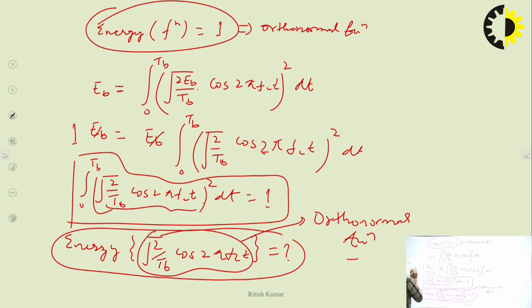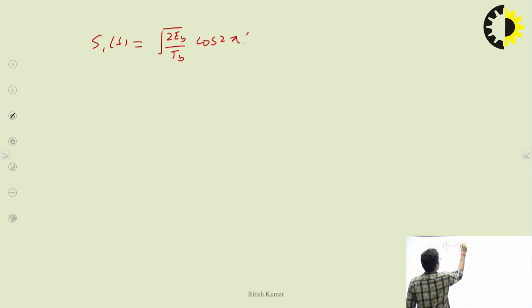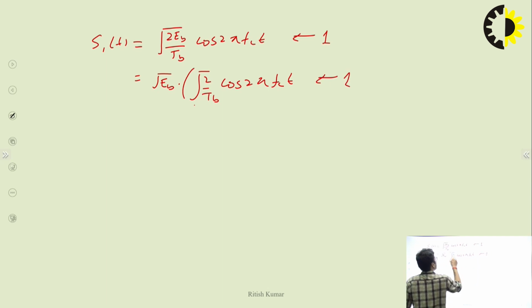Now in the constellation diagram, as we know, S1(t) is equal to under root Eb times under root 2 upon Tb cos 2 pi fc t in the case of transmitting 1. So I can separate the orthonormal function from the total function. This is the orthonormal function.